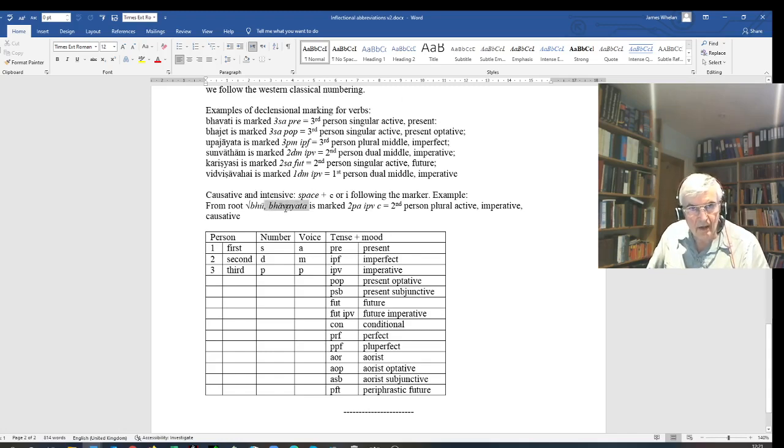The eagle-eyed among you will notice that I've just corrected. There was a typo. I've written imperative as bhavayata with the th. The imperative is bhavayata with a non-aspirated t. Bhavayata would be the ordinary present tense, the present indicative.